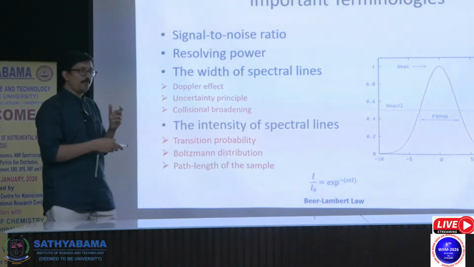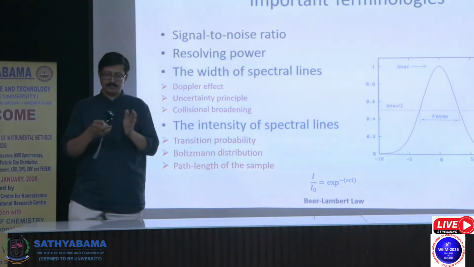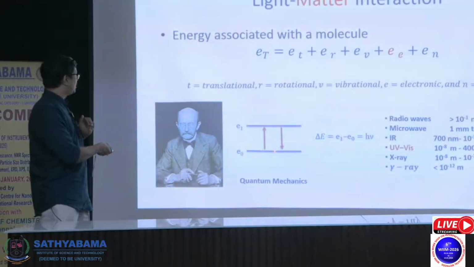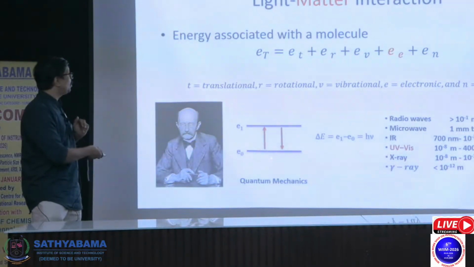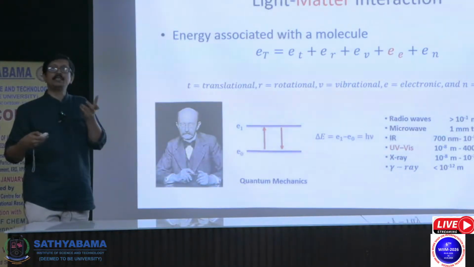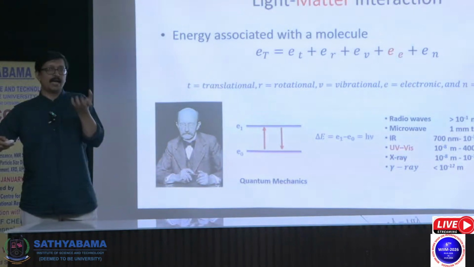See, we talk about UV visible absorption. So in this UV visible absorption, as we said, the energy gap we are talking about is electronic. That means the electron is the one that is going to interact with the photon. You have molecule, atoms, nucleus, electrons.